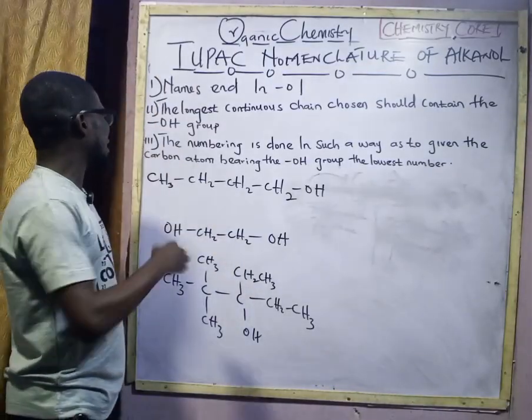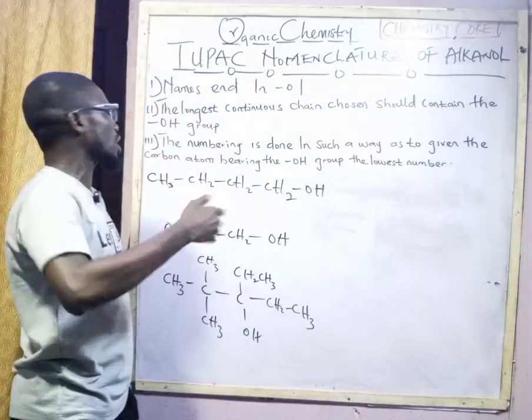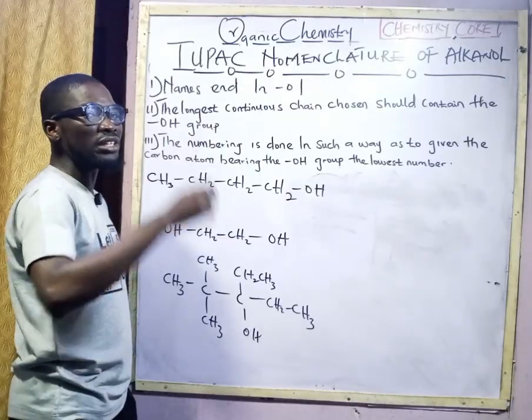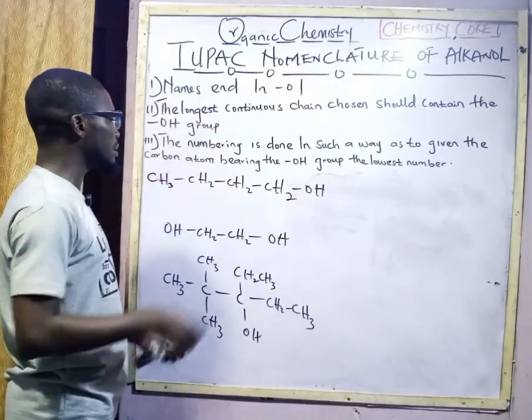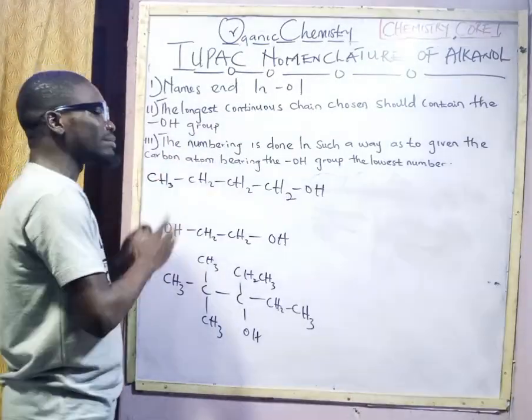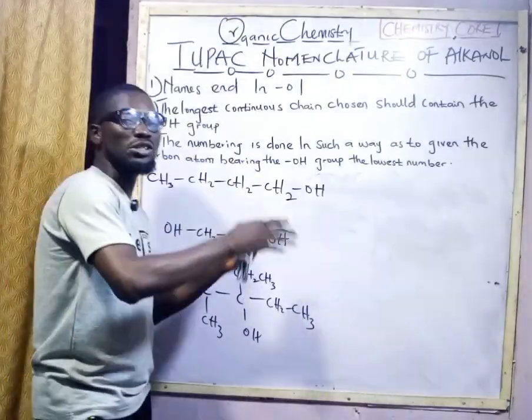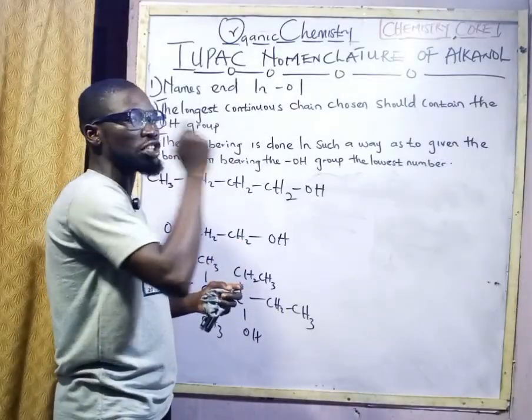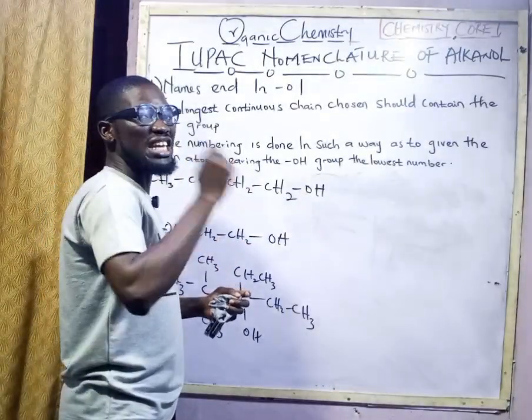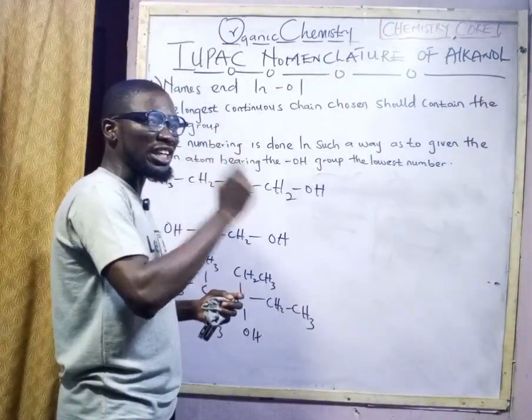Don't forget the last rule stated that the numbering is done in such a way as to give the carbon atom bearing the OH group the lowest number. If you are to consider the numbering as far as alcohol is concerned, the numbering should start from where you have the functional group, except if you have a double bond or a triple bond.